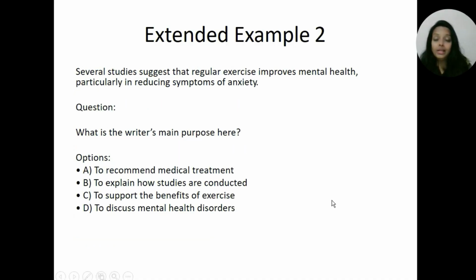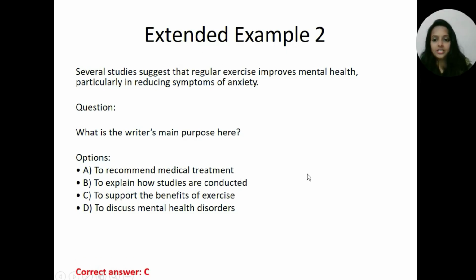There is another example I want to show you. Several studies suggest that regular exercise improves mental health, particularly in reducing symptoms of anxiety. And the question is, what is the writer's main purpose here? So you need to find out the writer's main purpose. The options are: to recommend medical treatment, to explain how studies are conducted, to support the benefits of exercise, to discuss mental health disorders.